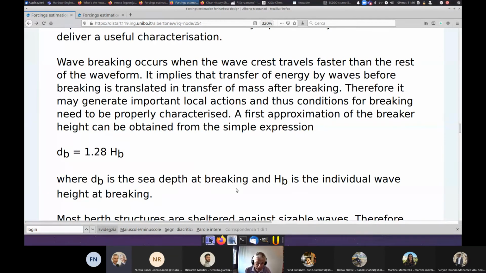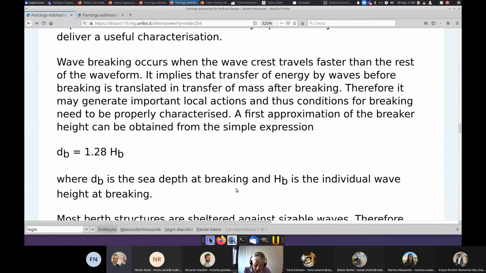It's not a transfer of mass, it's a transfer of energy. But after breaking, if the waves break, the transfer of energy is transformed in a transfer of mass. So after breaking, indeed, you have water that is moving. And before breaking, it's just a transfer of energy. It's water that goes up and down, but doesn't move forward significantly, forward or backward.